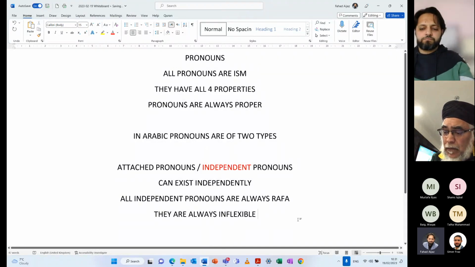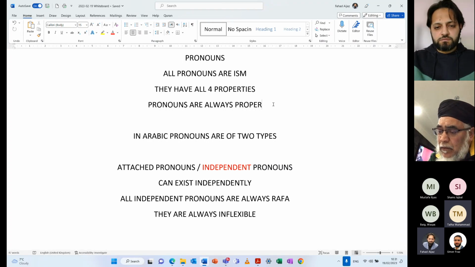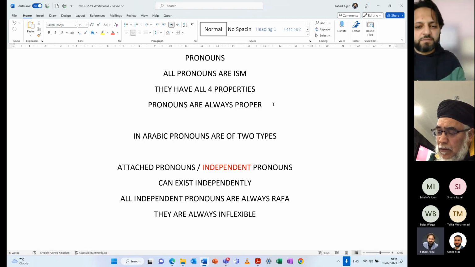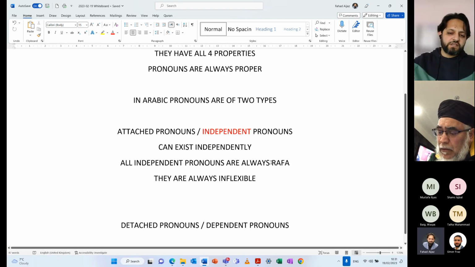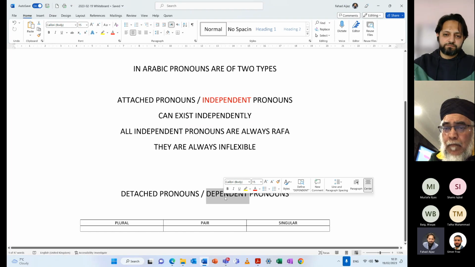Good. Yes, question, Tala? You said "can exist independently." So an independent pronoun can be detached as well? No, these are two different categories. Either it's going to be independent or dependent. It cannot be both at the same time.